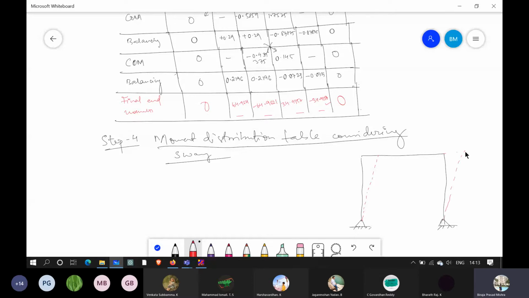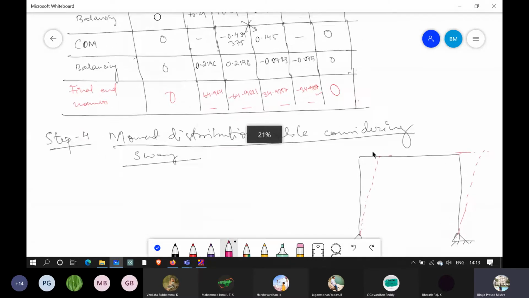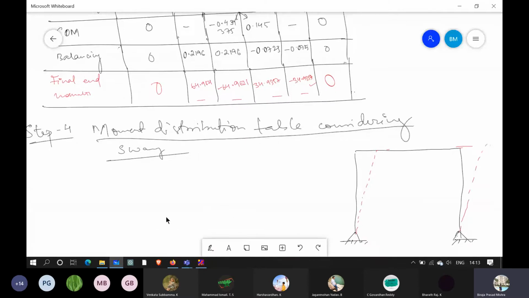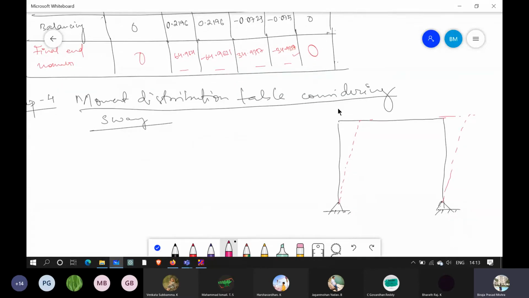Let us assume that this distance is delta. Similarly this one is also delta, the deformation is uniform. Okay, so this is our A, this is B, this is C, and this is D.